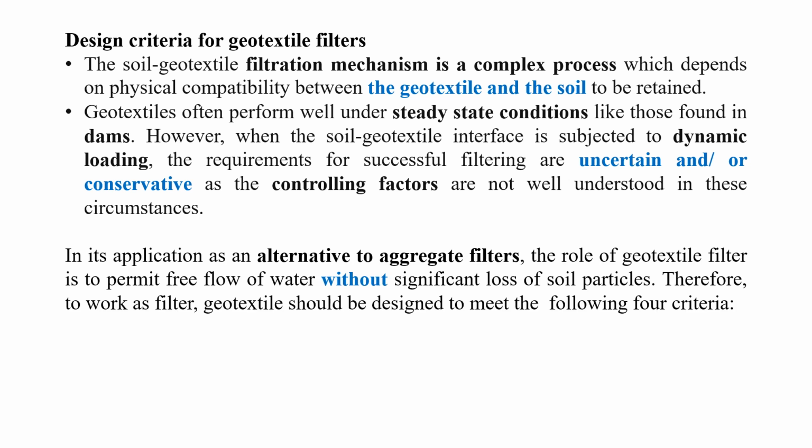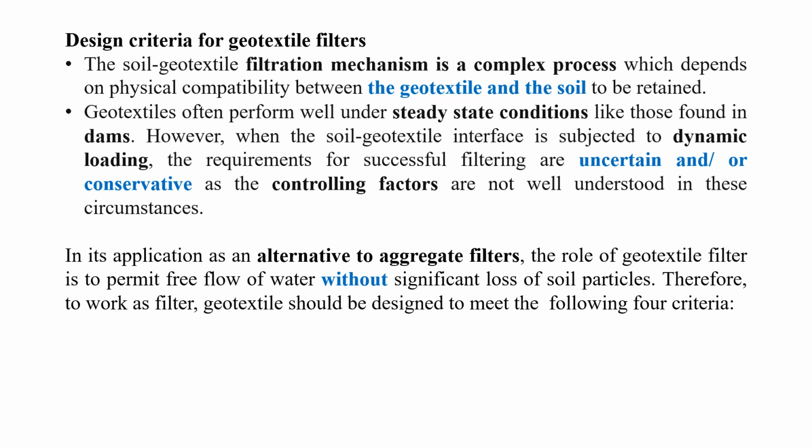In its application as an alternative to aggregate filters, as we know the aggregates or the coarse grain soils are used as filter materials. So as an alternative to these coarse grain materials, the geotextile is used as a filter.